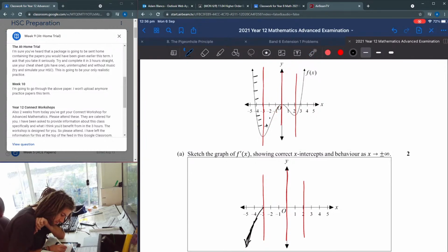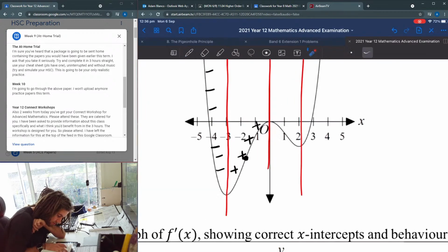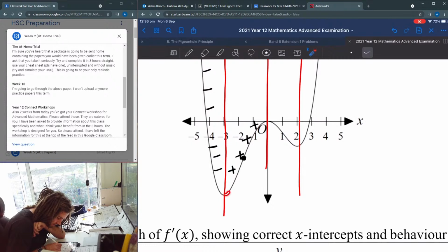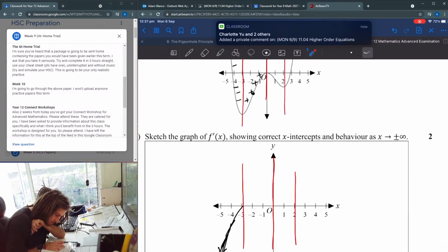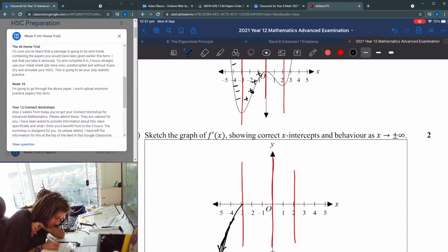Then it's positive, positive, positive, positive, and then it gets to 0 again. So there's also a point of inflection here. It's kind of positive, really positive, and then kind of positive again.